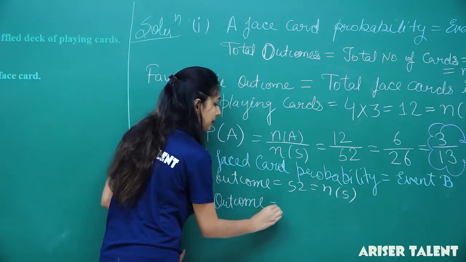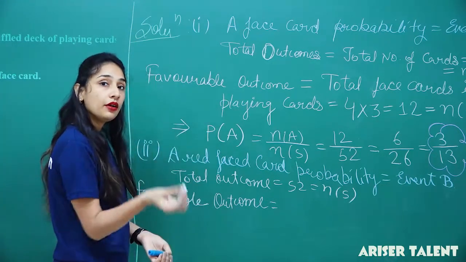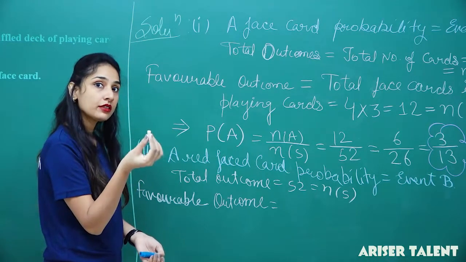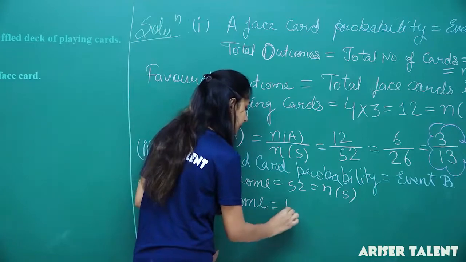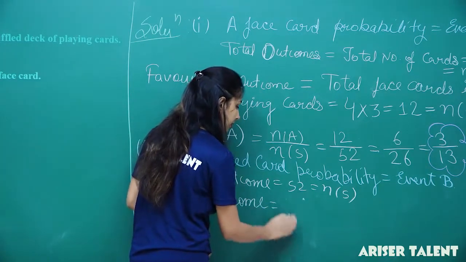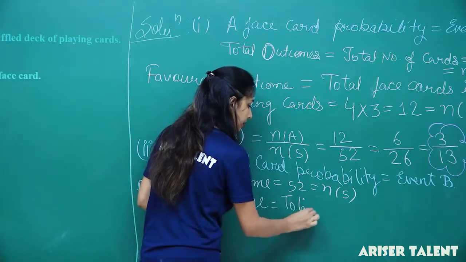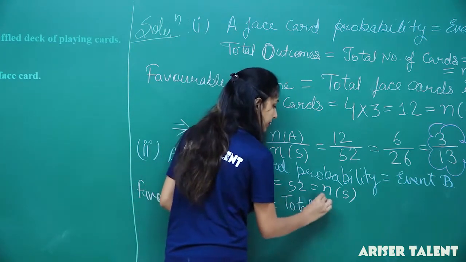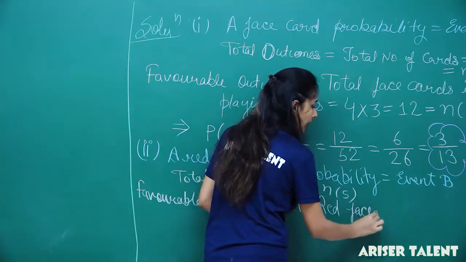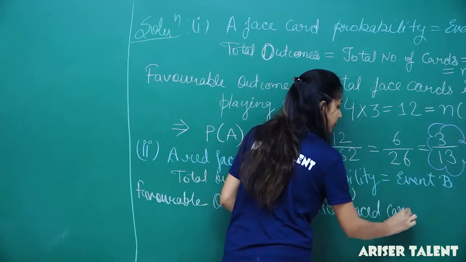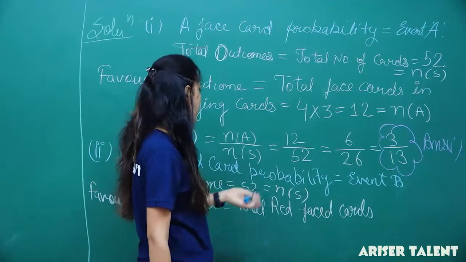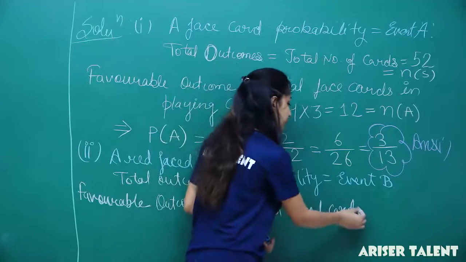So favorable outcomes are what? Outcomes which are supposed to be red faced outcomes. So total red faced cards, and now the total red faced cards are what?